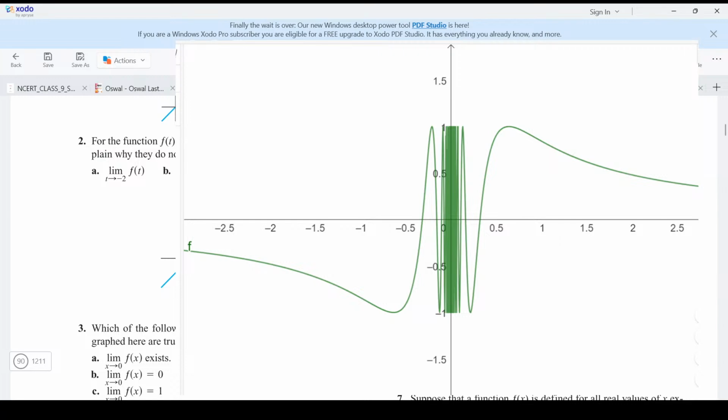What is f of 0.5? -0.5. What is f of 0.7? It is actually crossing -1, so -1 point something. f of 0.9? -1.9. That is fine. Now, what is the other way of approaching?